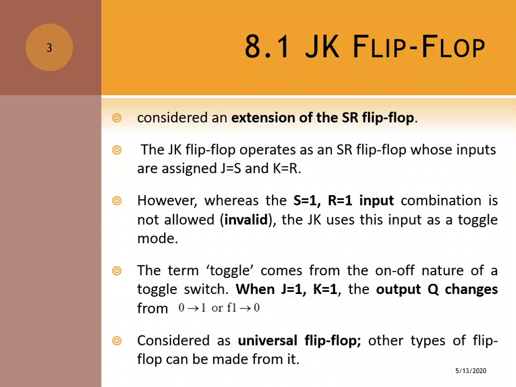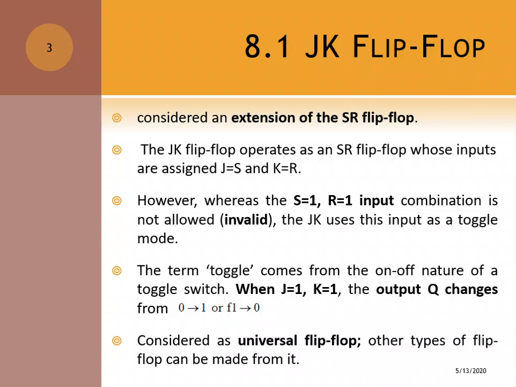You have to recall what we have learned in chapter 7. The difference is J equal to S and K equal to R. However, whereas the S equal to 1, R equal to 1 input combination is not allowed or invalid, the JK uses this input as a toggle mode.